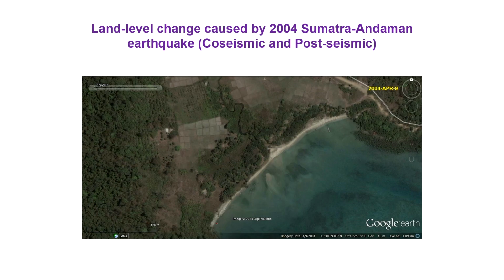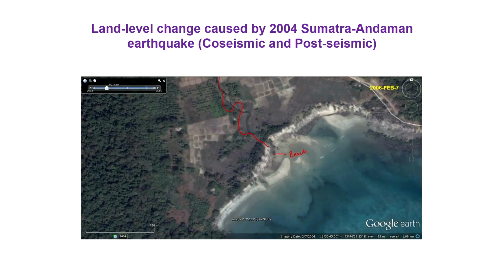So what we see here is that you have a beach, okay, and then a channel over here. You can also see in the next photographs that the channel changes. Okay.